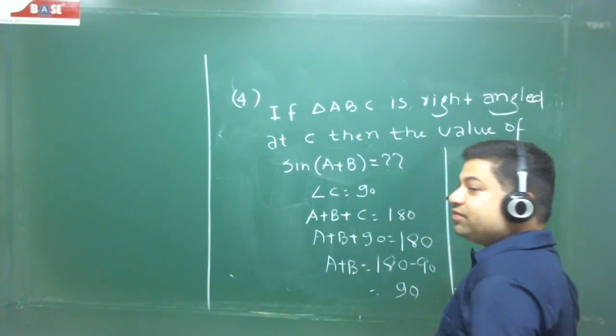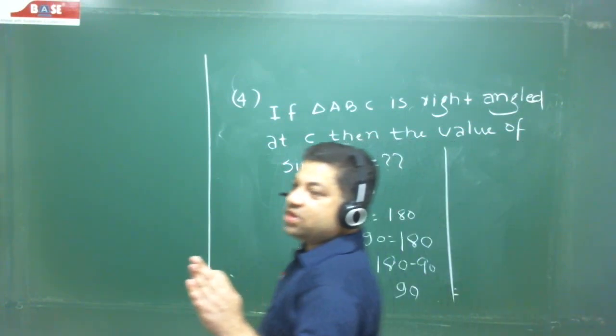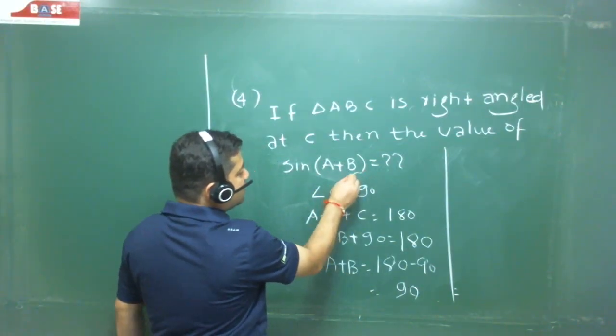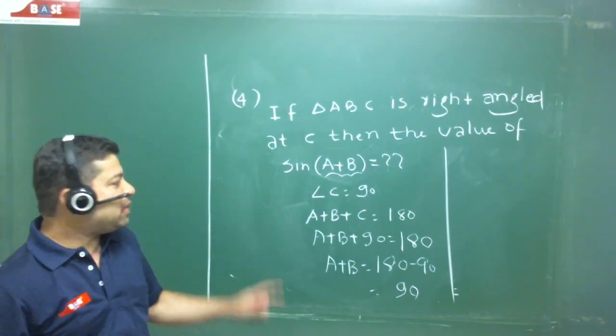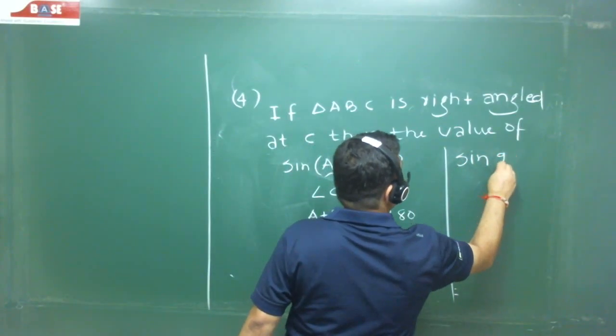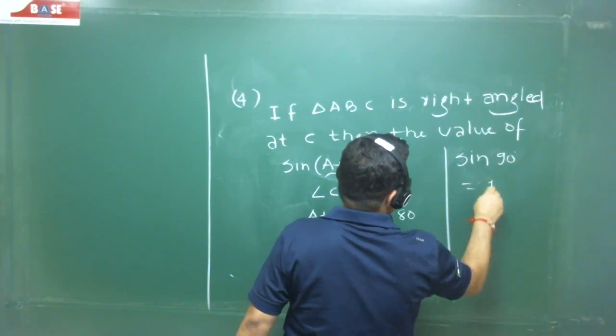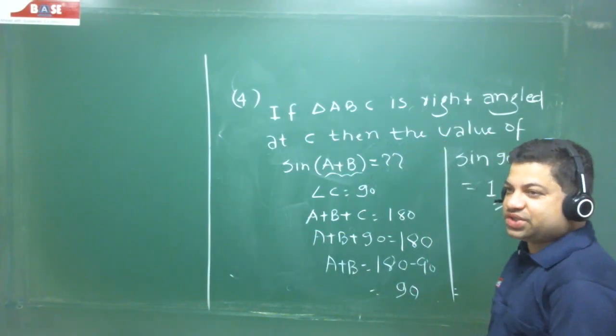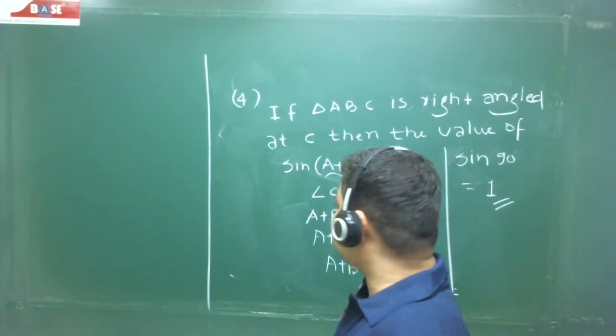So we got A plus B equal to 90 degrees. So here, can I plug in the value 90 degrees? So you will get sine 90, which turns out to be 1. So this is the numerical type of question which I was explaining.